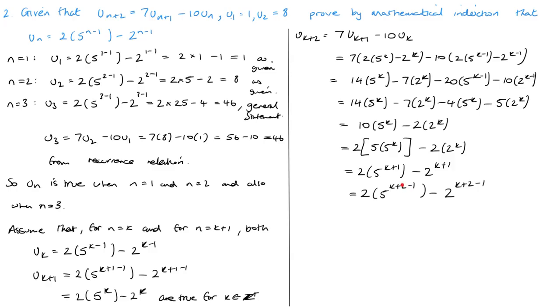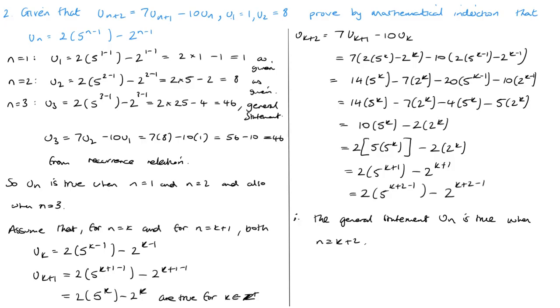Now 2 minus 1 gives me that plus 1 that is here, and now this resembles exactly this, where n equals k plus 2. So we can say at this point, therefore the general statement u_n is true when n equals k plus 2.